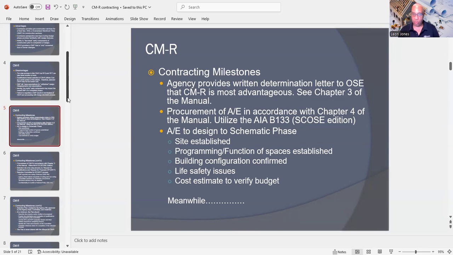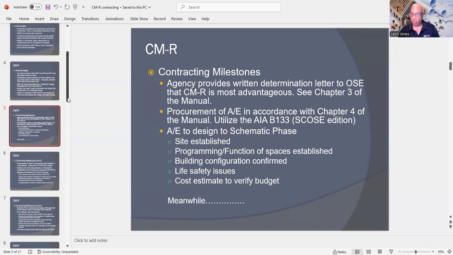Now, just so you'll understand, this information is not mine, but if you want to know what manual to utilize, you're most likely talking about the AIA, which is the American Institute of Architects. So you also have procurement, which is also in accordance with Chapter 4 of the manual. Again, the manual is the AIA manual, the Scotia edition.